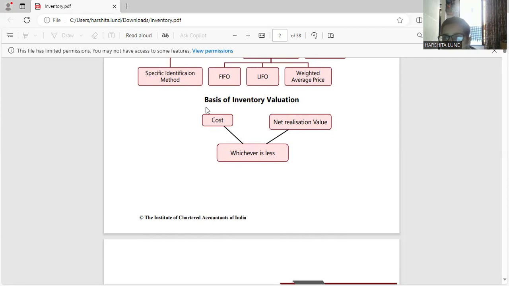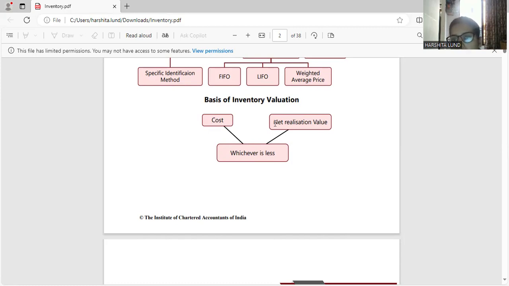It can be manufacturing expenses, conversion cost, or direct material cost; all will be included. But once the product is ready, the cost of storage and similar costs will not be included. For example, normal loss will be included in the cost, but abnormal loss will not be included.